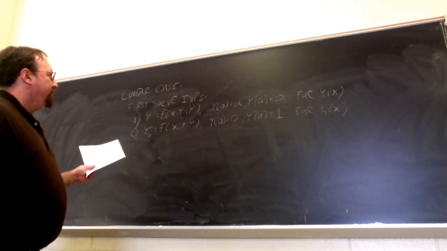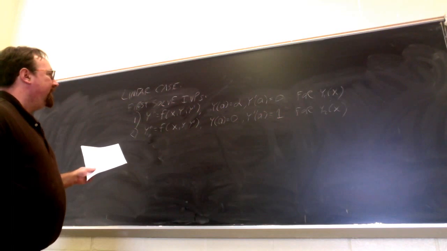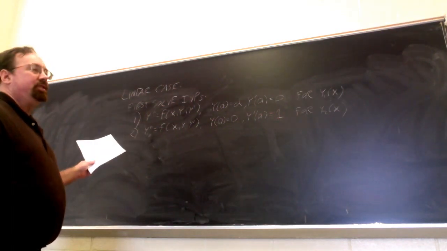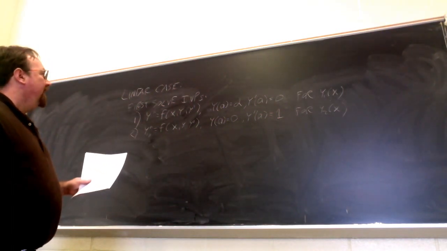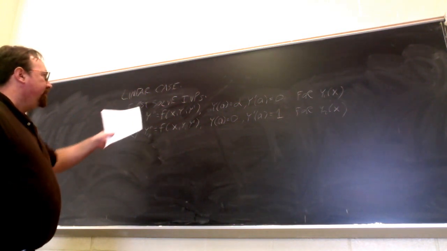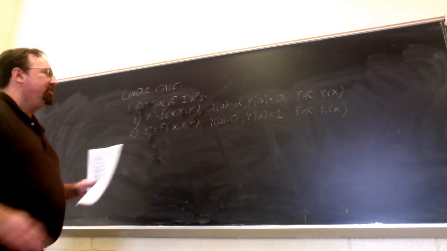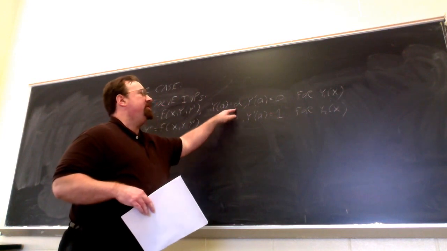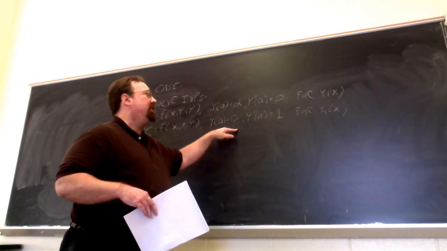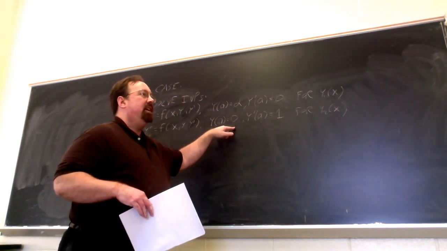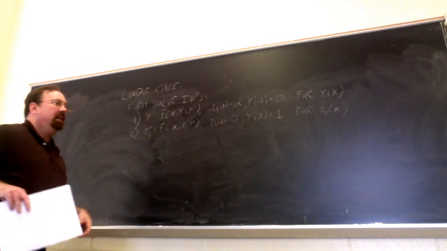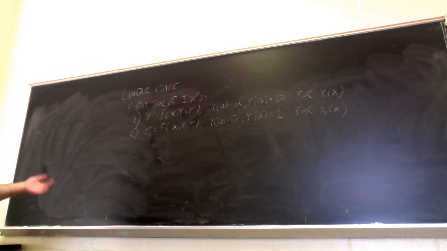Now, the reason why these help us is because any solution of this ODE for any initial conditions is a linear combination of these. So we can just linearly combine the initial values, and then we can also linearly combine the solutions in the same way.